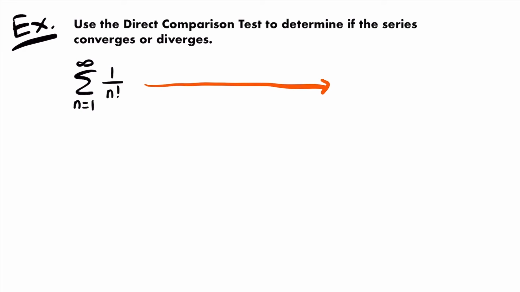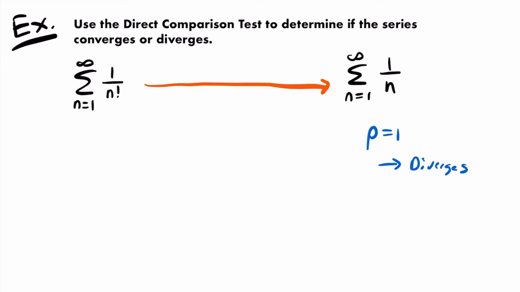And so let's just start with the very basic p-series, the harmonic series, where we have the sum from n equals 1 to infinity of 1 divided by n. All right, so in this case, p is equal to 1, and the harmonic series diverges. And so what we want to show is that this series is smaller than this series. And then we can conclude that this will also be divergent.